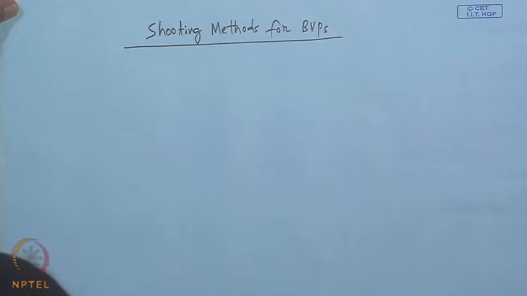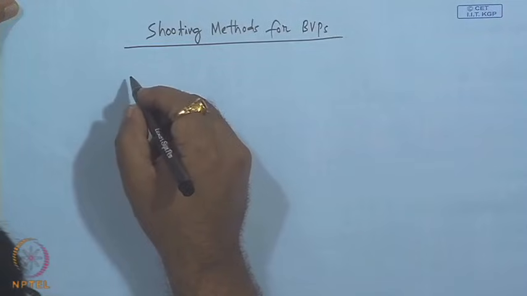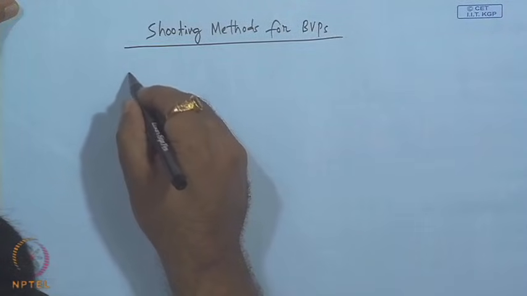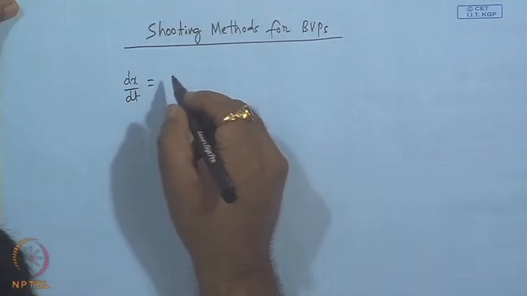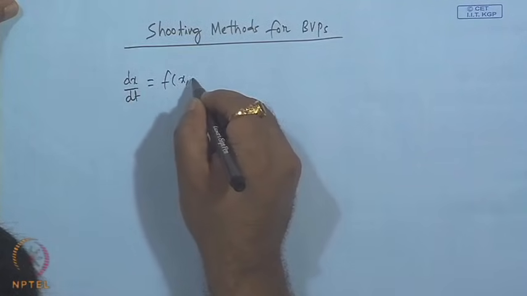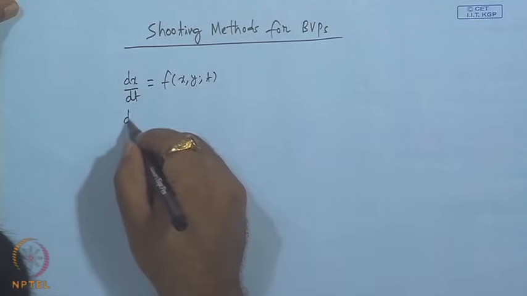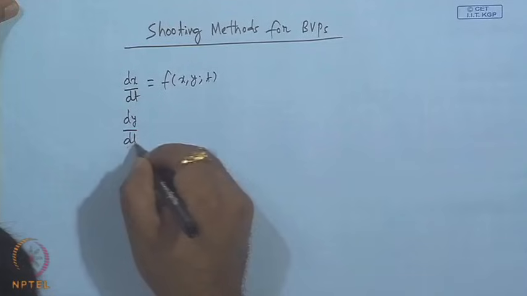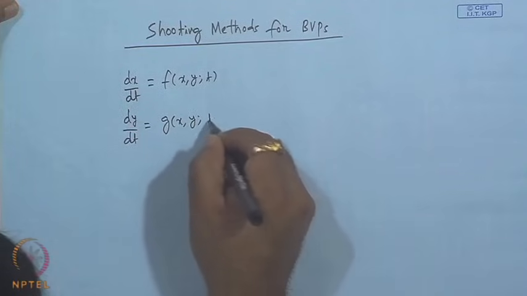Let us start with some physics. For example, when we have autonomous systems, say dx by dt equals f of x, y, t and dy by dt is g of x, y, t.